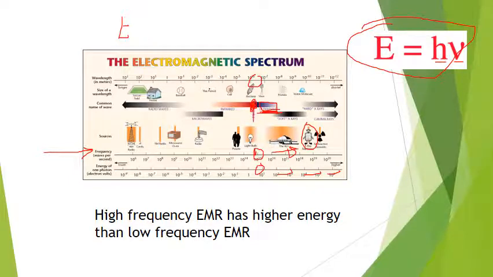Now look here, where here's our visible. Infrared has lower energy than visible. Microwaves even less, and radio waves even less. So your microwave that you cook food in actually has less energy than what's coming out of your light bulb.